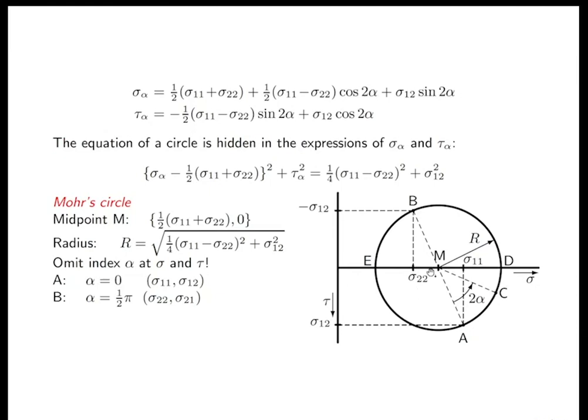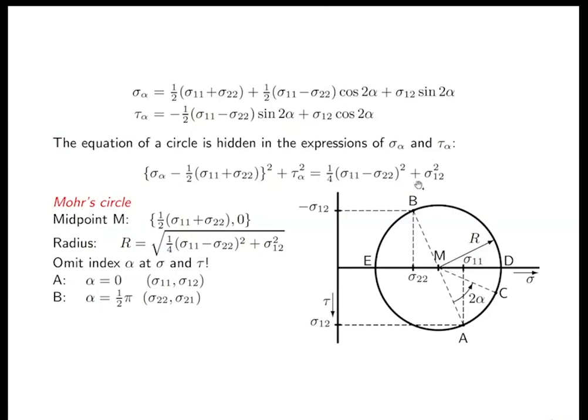Now for the circle of Mohr, getting the midpoint is relatively easy if you remember this equation, but also when you just follow the rules and plot the normal stresses on the horizontal axis, so sigma 1,1 here, sigma 2,2 here, then the midpoint is exactly the point between sigma 1,1 and sigma 2,2. So there are 2 or 3 ways to remember the midpoint.